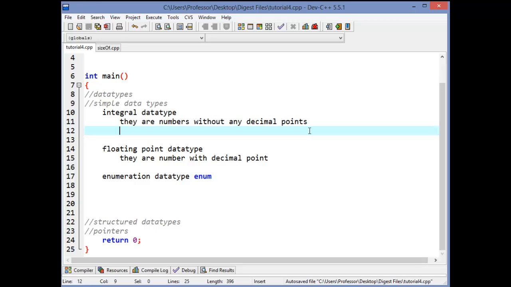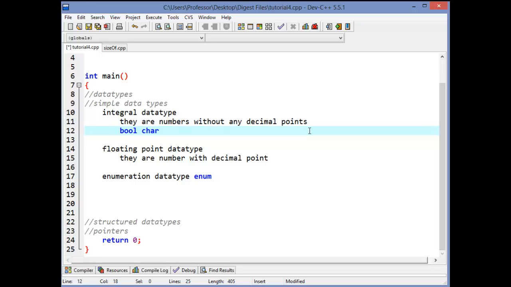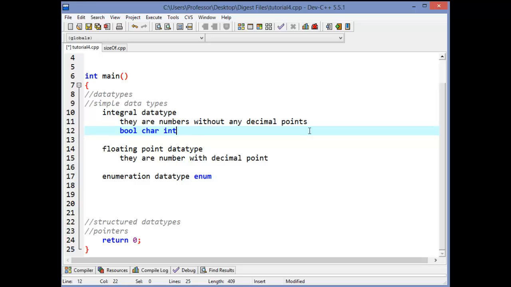Is that okay? We have the boolean, which is shortened as bool. We have the characters, which is char. We have the int. We have the short. We have long.